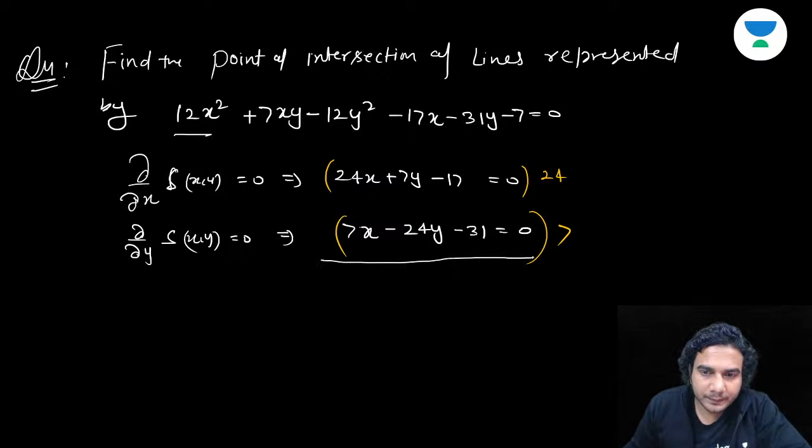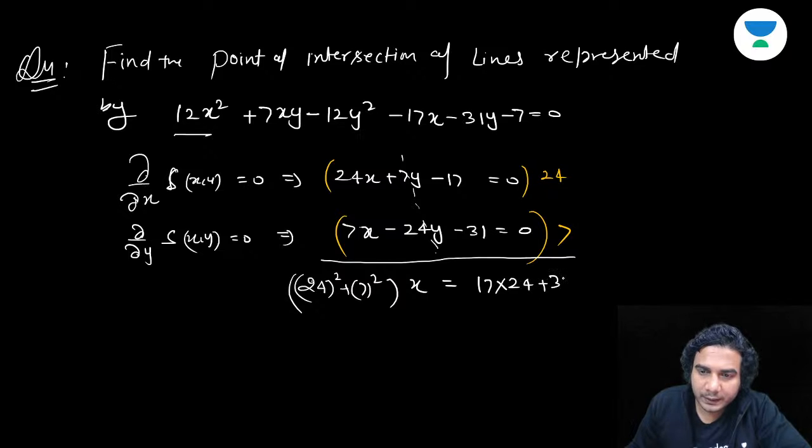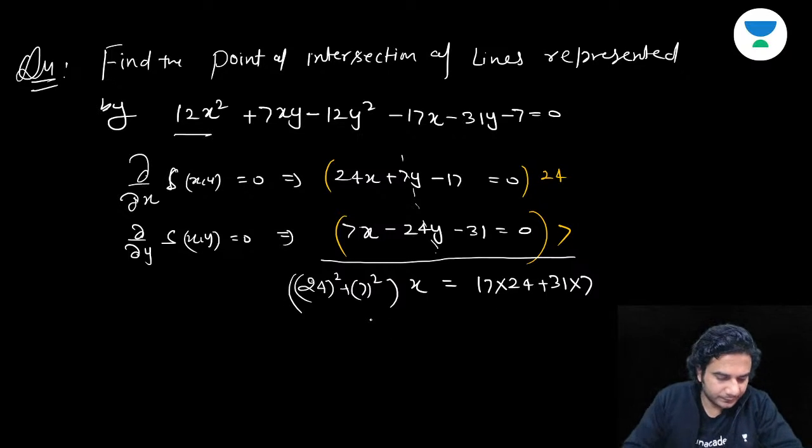So if you add them, this term will get cancelled and you'll get 24 square plus 7 square into x is equal to 17 into 24 plus 31 into 7. Let's calculate this.